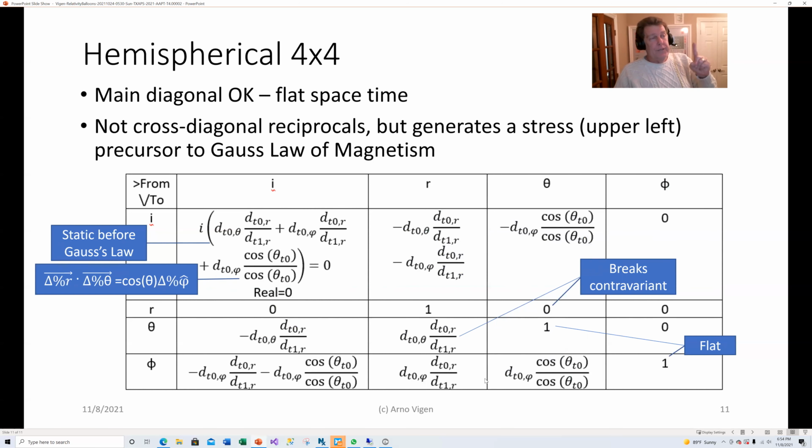There's only one place where the third law of Newton doesn't apply, and that is magnetism, which is that funny shape transferring from radial to the latitudes. So in the end, you get the change of r times the change of theta, that vector, becomes cosine in the phi direction.